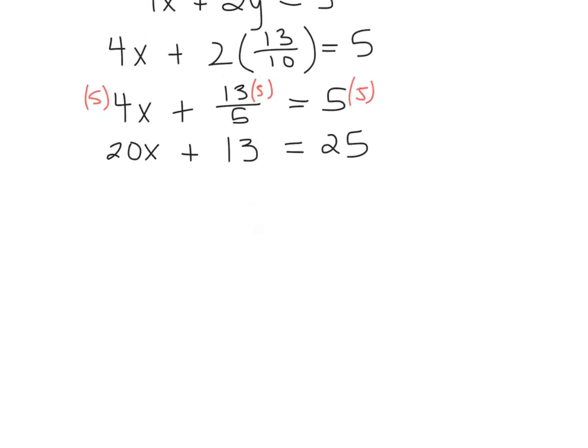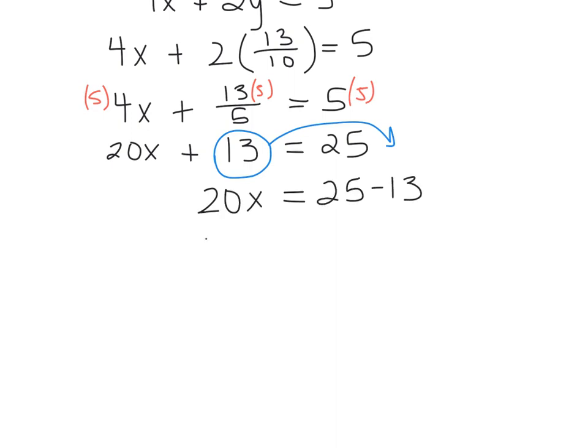So I'm going to collect like terms. I'm going to bring this positive 13 to the right-hand side. That's going to leave me with 20x equals 25 minus 13. 25 minus 13 is 12.